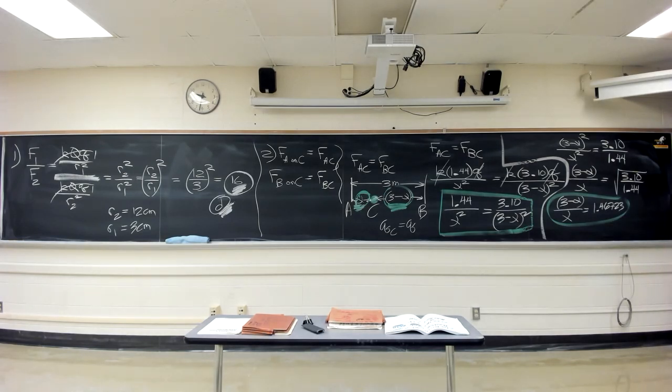You tinker with this a little bit, you guys. You multiply by x on each side, you get it down to here. You get the quantity 3 minus x equals 1.46723 times x.